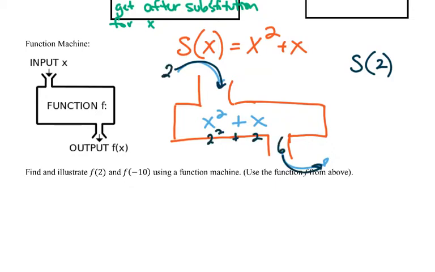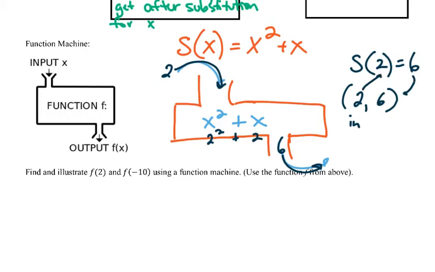So 2 went in, 6 comes out. 2 is known as my input, and 6 is known as my output. So sometimes you can write s of 2 is 6, because when I plugged 2 in, I got 6 out.